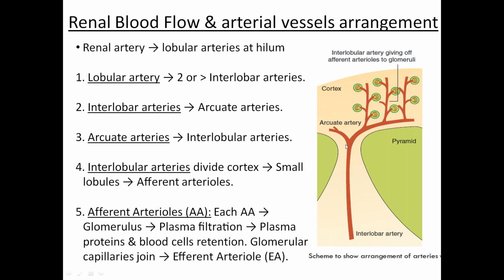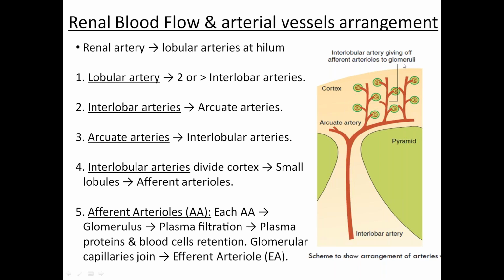The interlobar arteries divide into arcuate arteries. So as soon as they have reached the base, this is the base of the pyramid, they divide into arcuate arteries. Now these arcuate arteries run at right angles to the parent interlobar. You can see they're running at right angles, and they lie parallel to the renal surface.